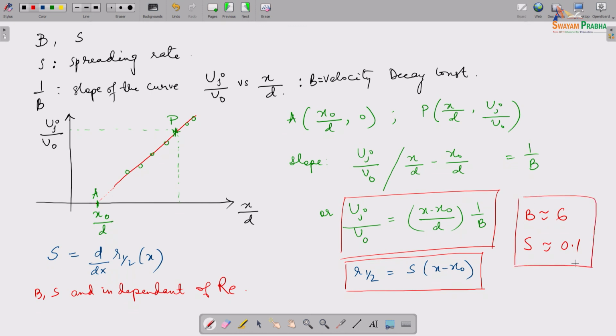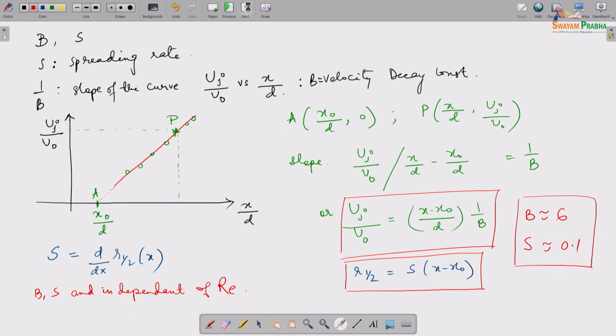We know D and we know J. We also know x naught. So, we can have some value of u naught actually. Let us see what sort of thing we can calculate. Okay, let us do that.